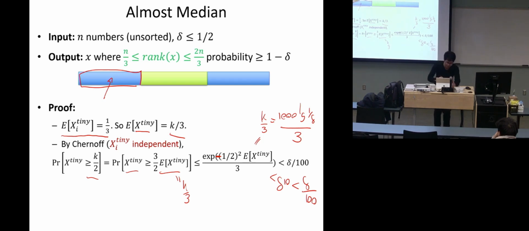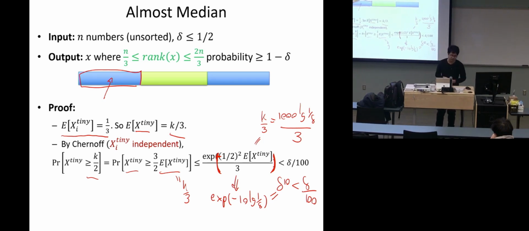Because at the end, when you simplify this, you should get something like exponential of minus 10 log of 1 over delta, and that's just delta to the 10. And delta to the 10 is much less than delta over 100. Let's say that I assume that delta is at most half, then that's going to be true.